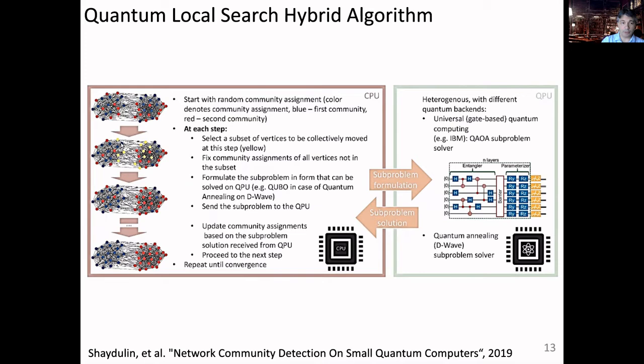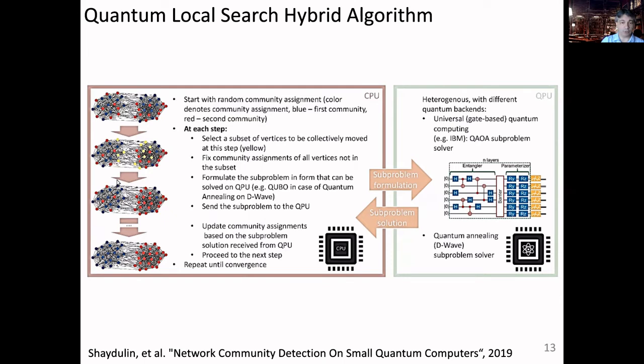The nodes that we want to optimize here are in yellow. The assignments of the rest of the nodes, red and blue, are fixed. They remain invariant. Then we formulate this small sub-problem, send it to the NISQ device, get the solution.